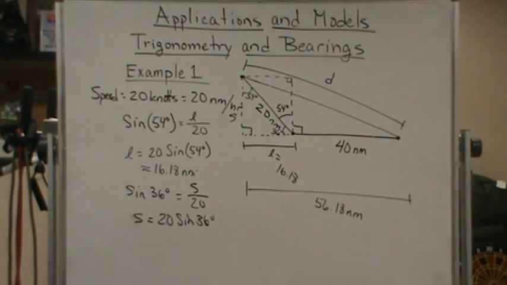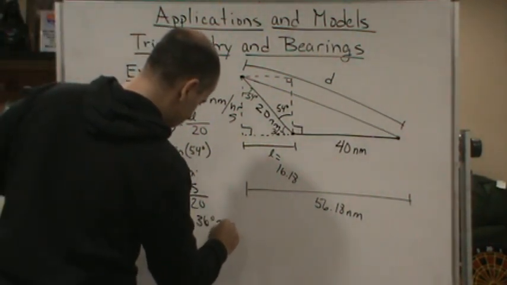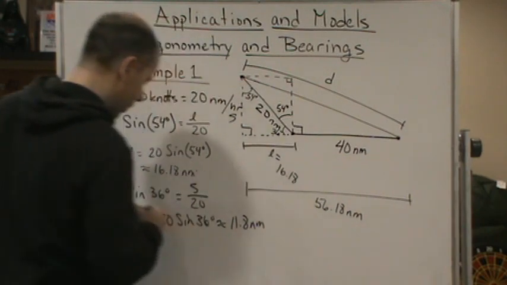And what do we get when we do that? Okay, so 20 times sine of 36 is 11.75, so 11.8. Let's call it 11.8. So approximately 11.8 nautical miles.